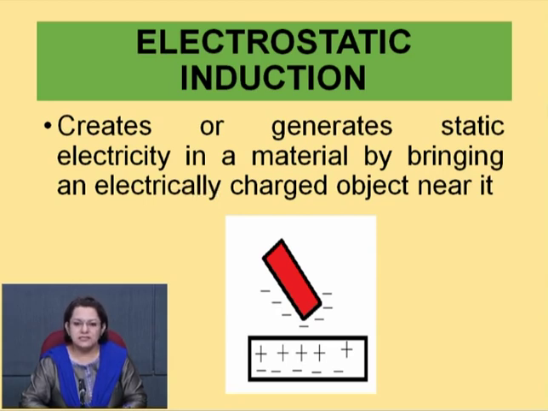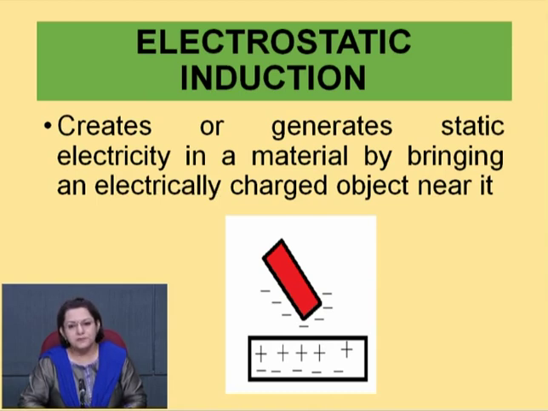Now consider a situation when an electrically charged object, as shown by the red figure in the symbol, say it is charged with negative ions, is brought towards a conducting material slab. Now, as per Coulomb's law, like charges repel each other and unlike charges attract each other. As we have a slab of conducting material, there are many free ions flowing in the object.